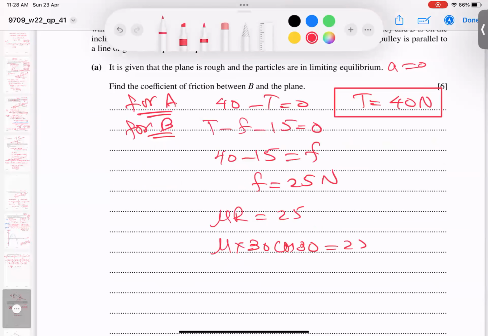This whole will divide there, and let's see what answer of mu we get. 25 divided by 30 cos 30, and my answer is coming. In exact form, if sometimes he asks, it is 5 root 3 over 9, and to 3 SF, because he is not asking exact, 0.962. So Alhamdulillah, I guess it is very clear.